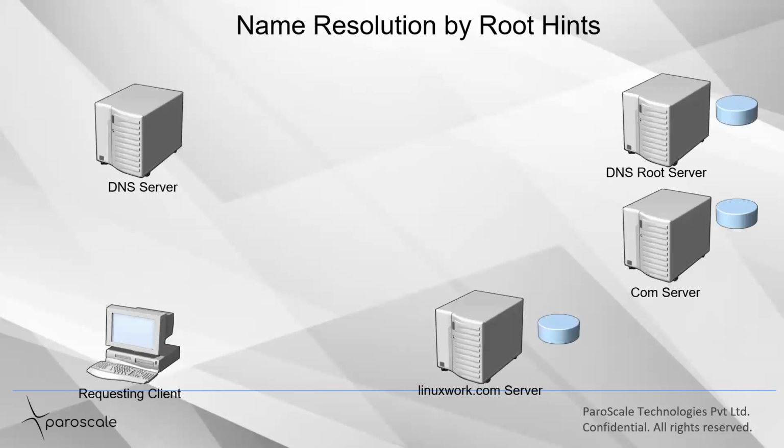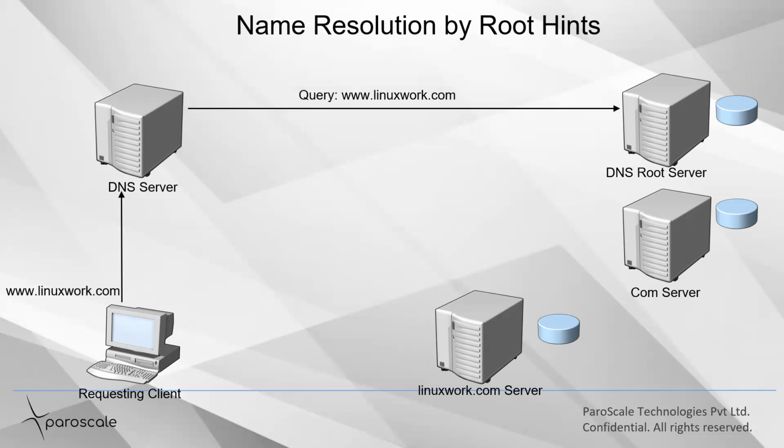So it works like that. The client requests the same domain. The DNS server sends that request to the root server, asking if it has linuxware.com. The server replies that com is dedicated to the com server and sends the IP of the com server to our DNS server.